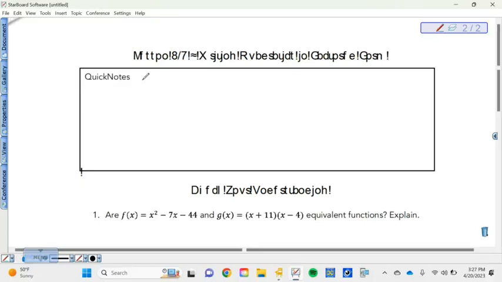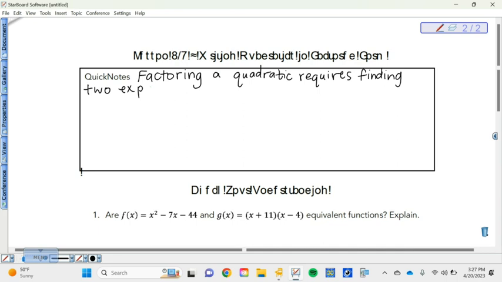But for our quick notes, first thing: factoring a quadratic requires finding two expressions that multiply to the original equation.